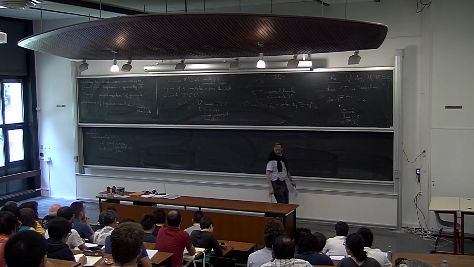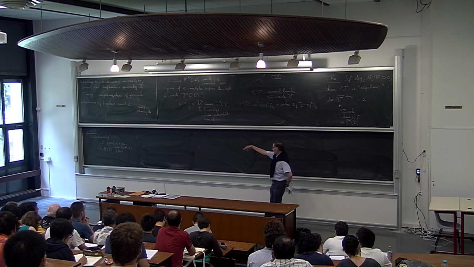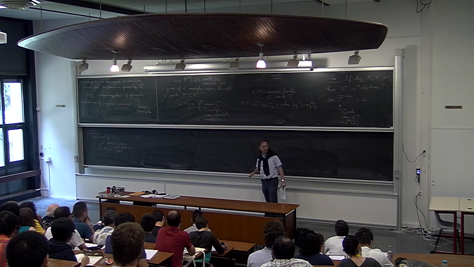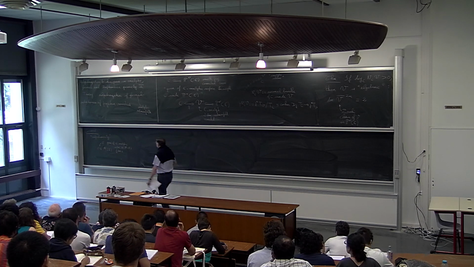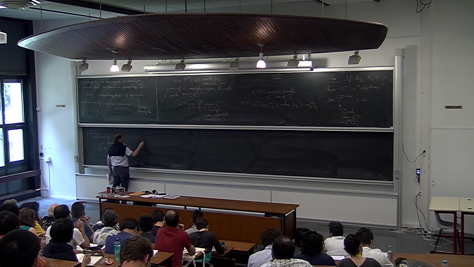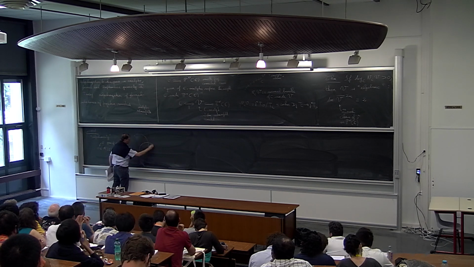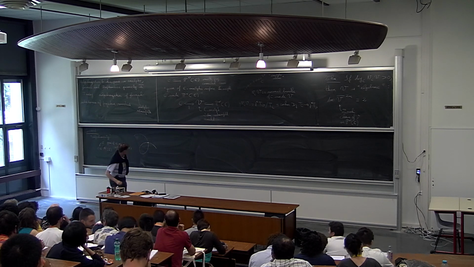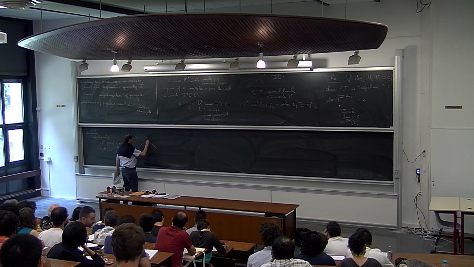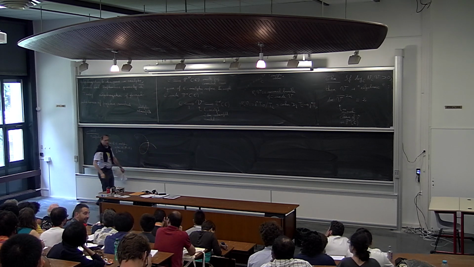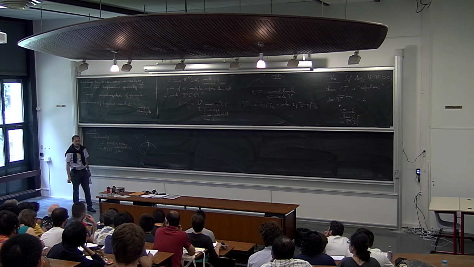You want to say this germ is algebraic if it is a branch of an algebraic curve through the point. For instance, if you take a cubic with a double point, and you choose this small piece of curve, you want it to be algebraic.